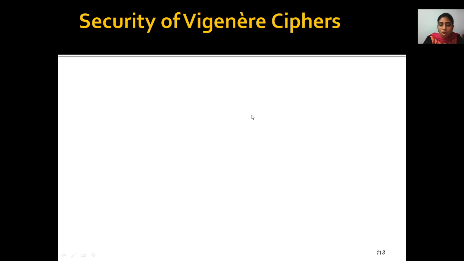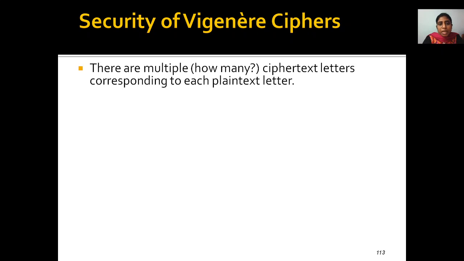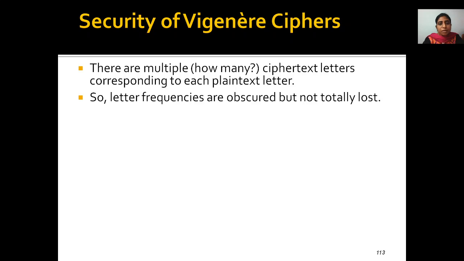Now the security of the Vigenere cipher. There are multiple ciphertext letters corresponding to each plaintext letter, so the frequency of the letters is not that easy to find out. In the monoalphabetic cipher, you have seen that the frequency of letters will be the same: if V is replaced by I, then everywhere V is replaced by I. But here it is not replaced in such a manner.